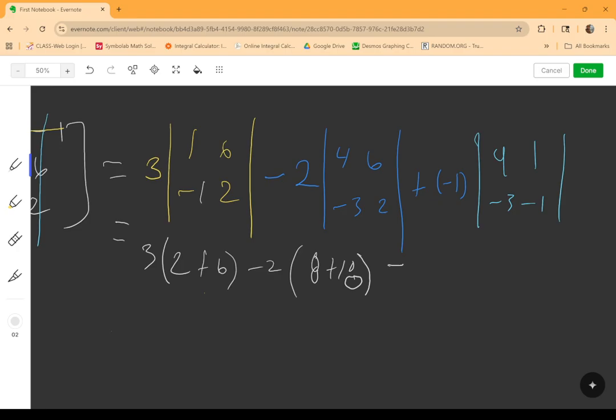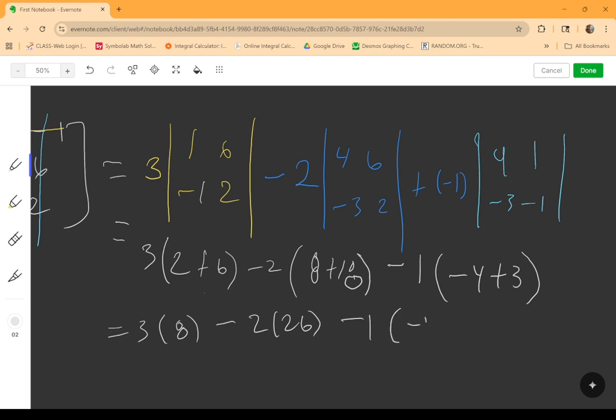And then plus or minus 1. Here we have negative 4 plus 3. Okay, and now simplify. All right, 3 times 8. This is what, 26. And then minus 1, negative 1.